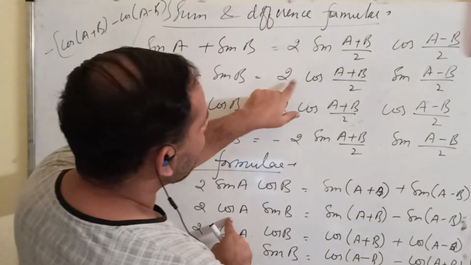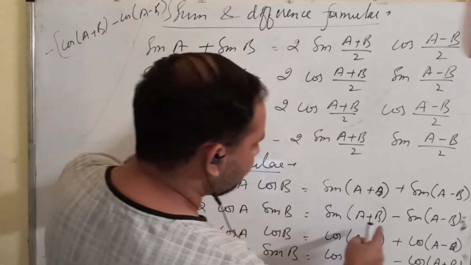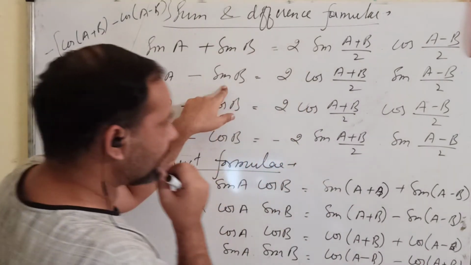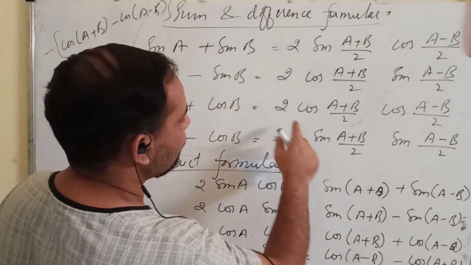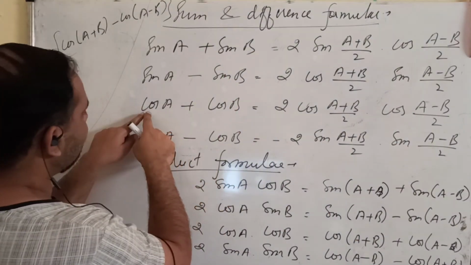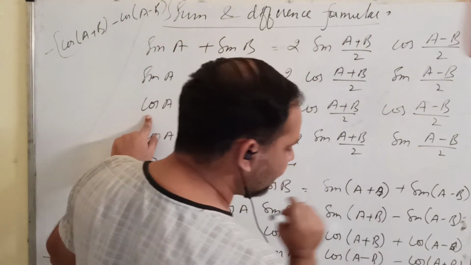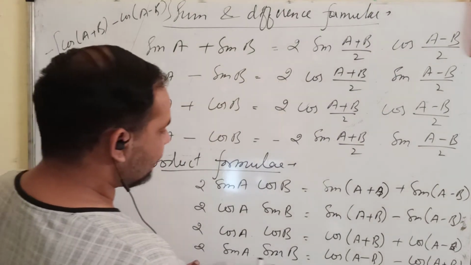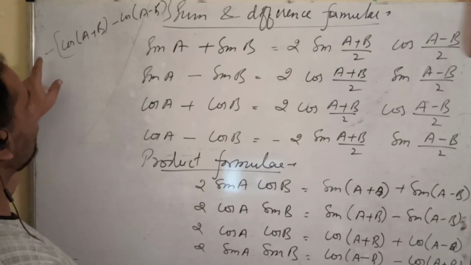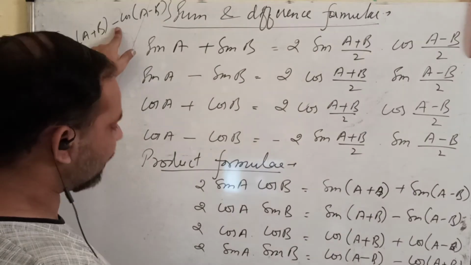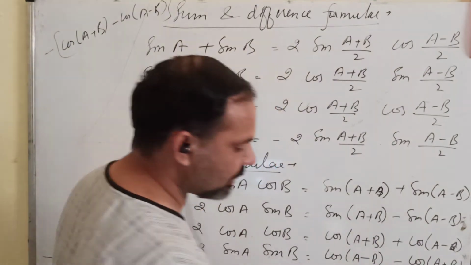If you have 2 cos sin, then you will write sin, and the minus sign will be there. Then if you have 2 cos cos, then you will write cos, and in between it will be a plus sign. And for 2 sin sin, you have a minus sign, so it should be like this: minus cos, and in between minus. When you multiply this with the minus sign, you will get cos A minus B minus cos A plus B.